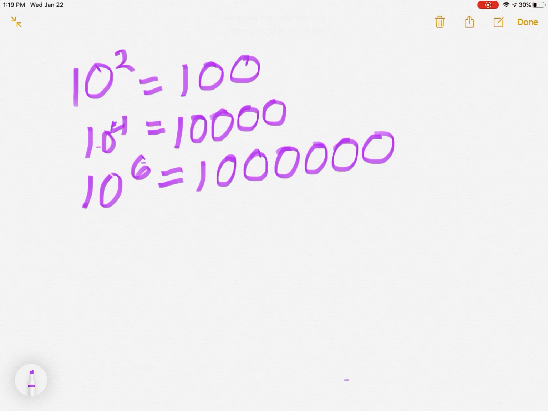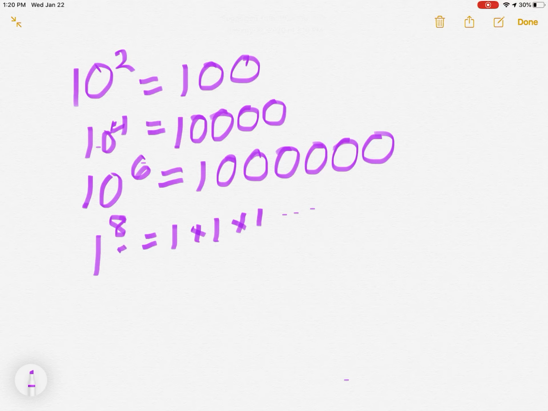Okay? How about ones? 1 to the, I don't know, eighth power. That's equal to 1 times 1 times 1, all the way to 8 times. Remember I said 1 times 1 is 1, times 1 is 1, times 1 is 1.